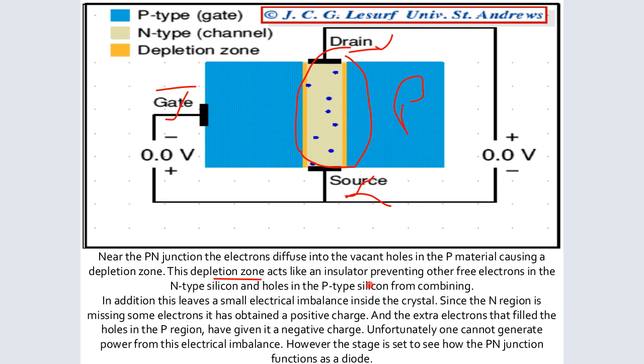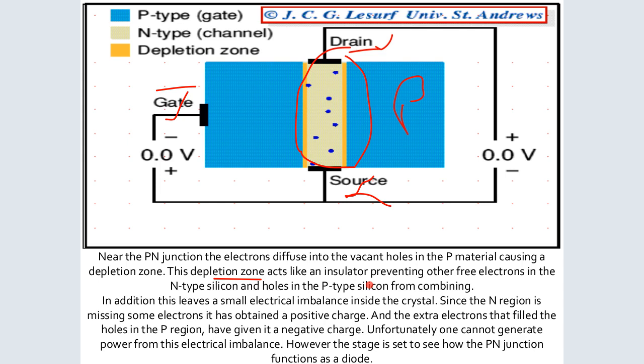So at the end of all these processes, the P and the N materials have what we call some electrical imbalance. Okay, meaning some electrons have penetrated, some holes have also penetrated on the other side, or positive charges.